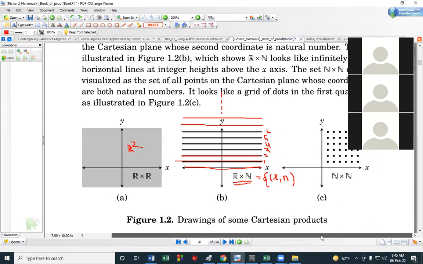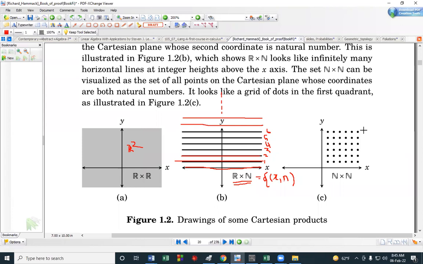Let's see, what is the final one? So N cross N. That means the point 1, 1. This is your 1, 1 point, which is 1 unit away from both axes. This distance is 1 unit.